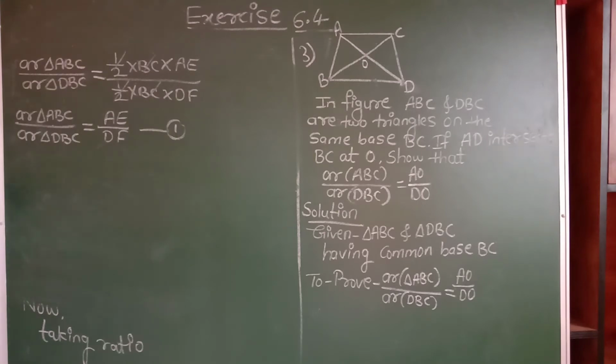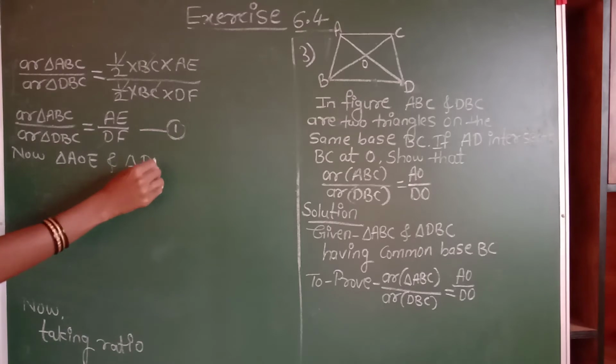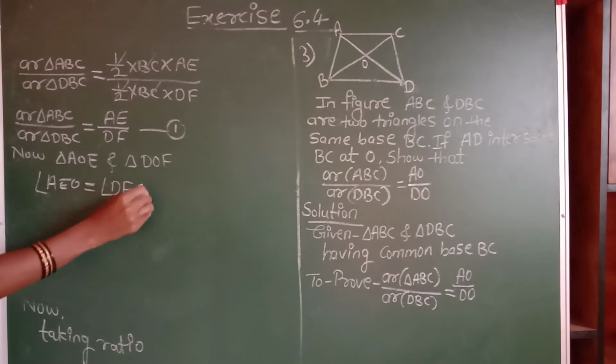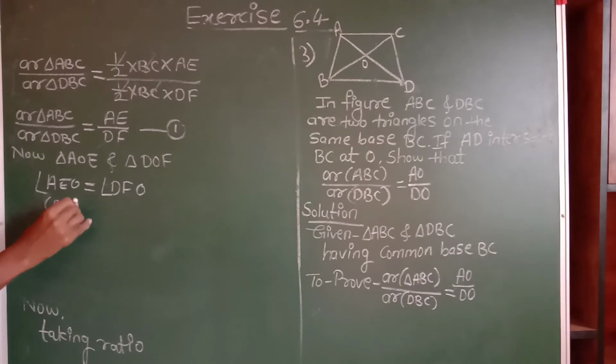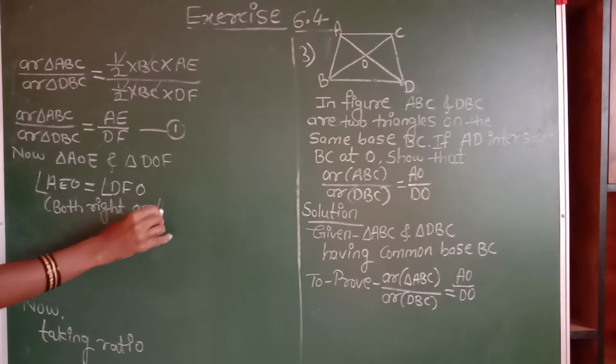Next, triangle AOE and triangle DOF. Here angle AEO is equal to angle DFO, both right angles, which I had already drawn.